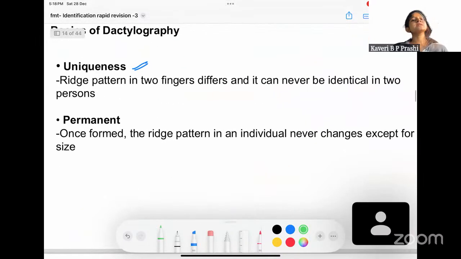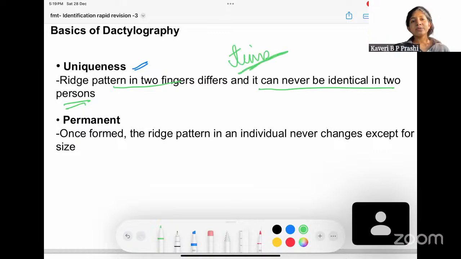Now, what are the basics of dactylography? These are going to be unique for each person. Ridge pattern in the 2 fingers differs and it can never be identical in the 2 persons. As I told you, it is going to be very unique for each and every person. Even in identical twins, they are going to have different dactylographic fingerprints. And these are permanent. That is, once formed, the ridge pattern in an individual never changes except for the size.